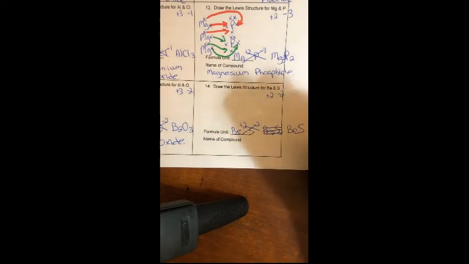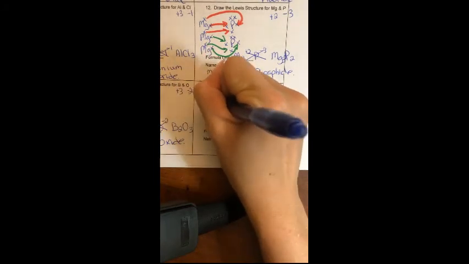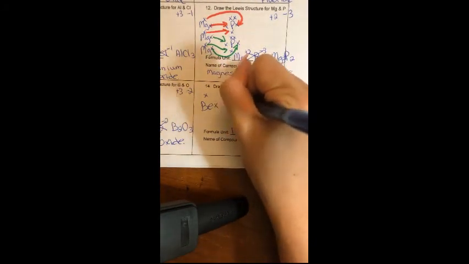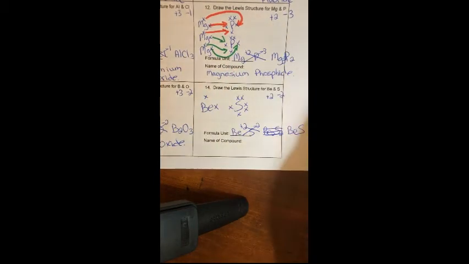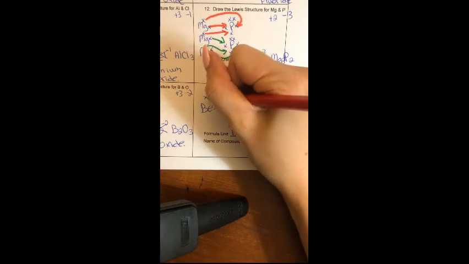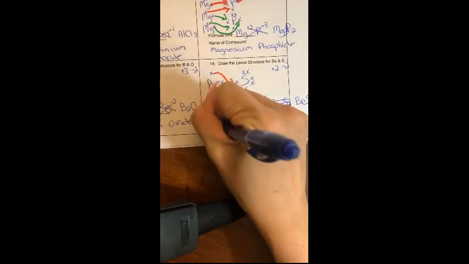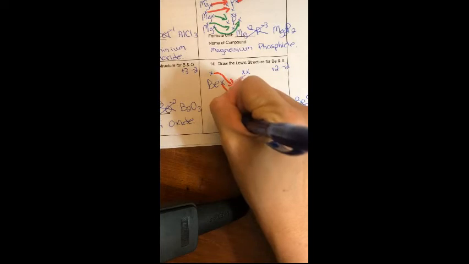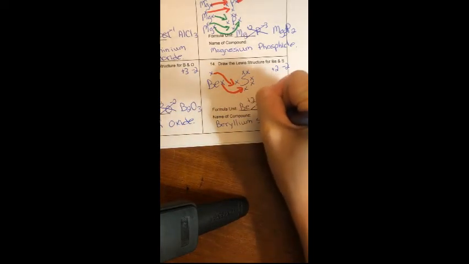So 1 beryllium, 1 sulfur. So beryllium, which has 2 valence, then sulfur, which has 6. Beryllium will send 1, 2 over, with the name of it being beryllium sulfide.